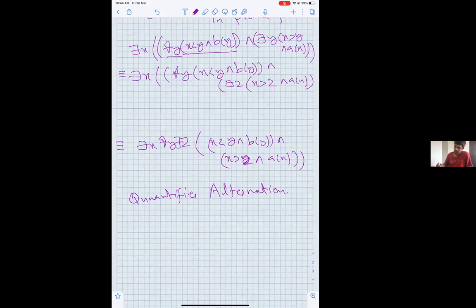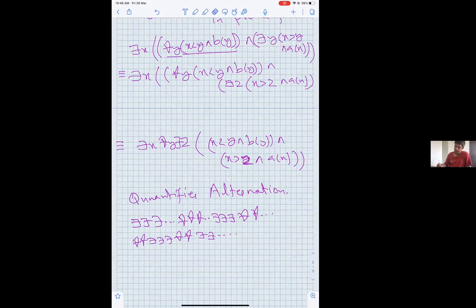For instance, any FO formula, you can write it as, it either starts with some there exist, and then some for all, then some there exist, then some for all, and so on. Or it could also start with some for alls, then some there exists, then some for alls, then some there exists, and so on. This is how any formula will look like.